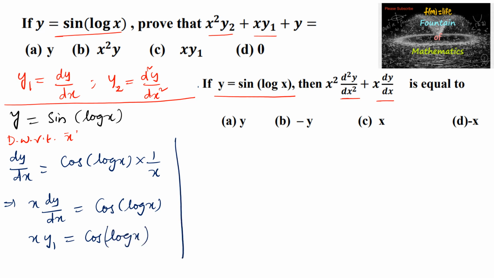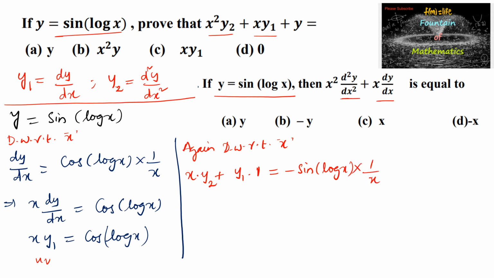Now again differentiating with respect to x. So applying the UV rule here, x into differentiation of y1 will be y2 plus y1 into differentiation of x is 1 is equal to differentiation of cos is negative sine of log x into again log x differentiation is 1 upon x.